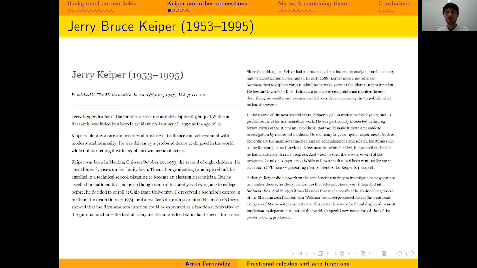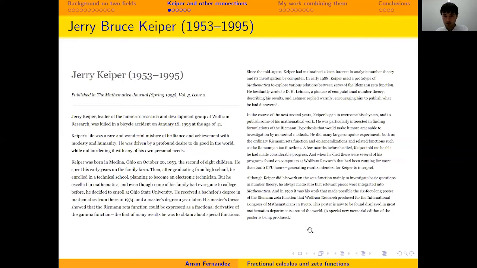He had an obituary written by Stephen Wolfram because, as you can see here, he was working at Wolfram Research on numerical estimates of special functions. So if you're ever doing calculations of special functions on a computer using Mathematica, it's likely that somewhere you're using some code which he wrote. So he was an important part in the development of Mathematica.